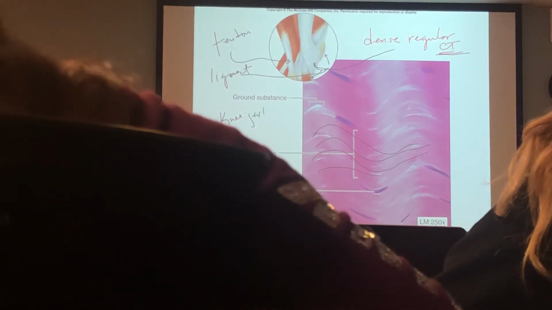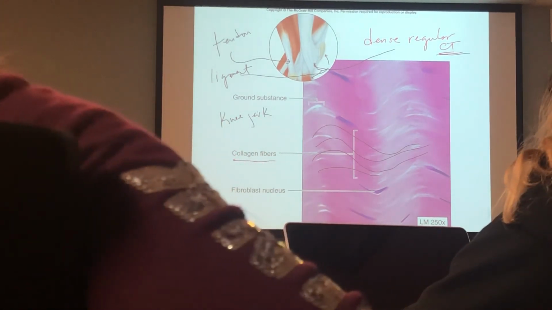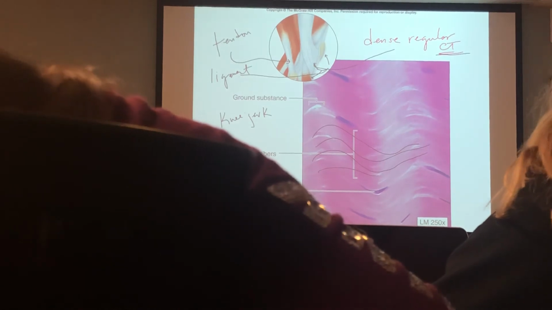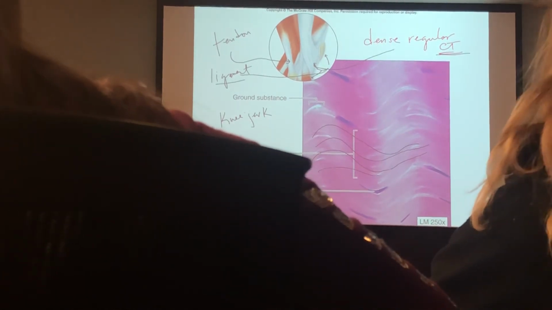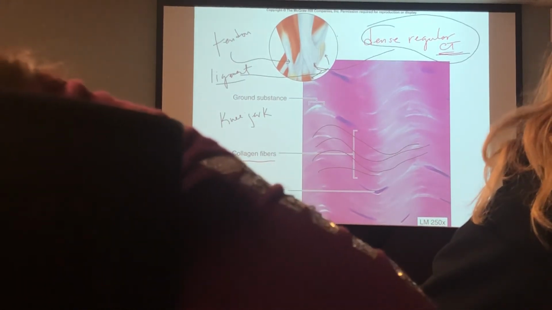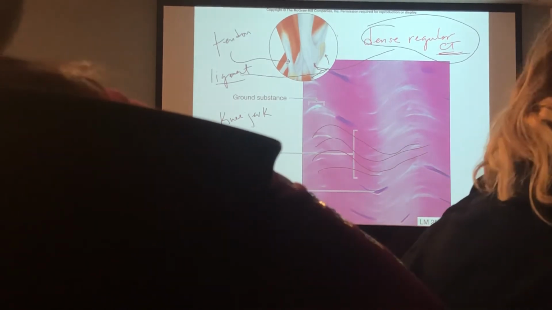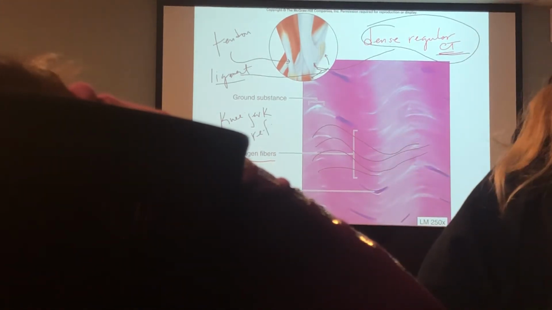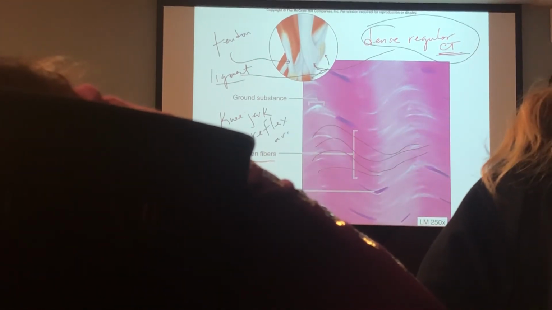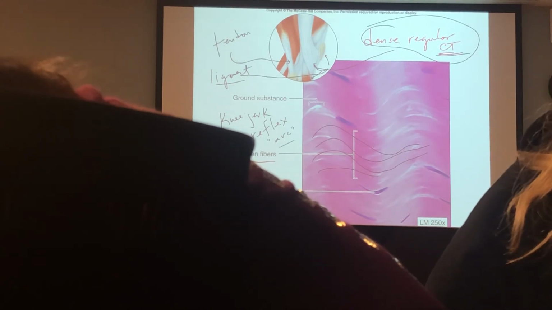A knee jerk. Exactly. At the core of the ligament is dense regular connective tissue, tied to the nervous system. You do that, that will elicit a reflex arc. Let's call that a knee jerk or a reflex arc.